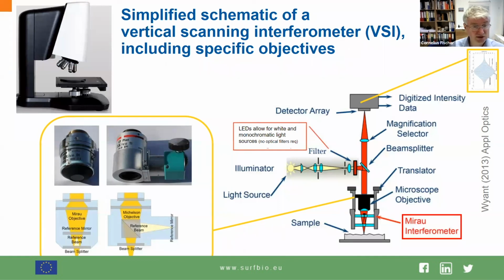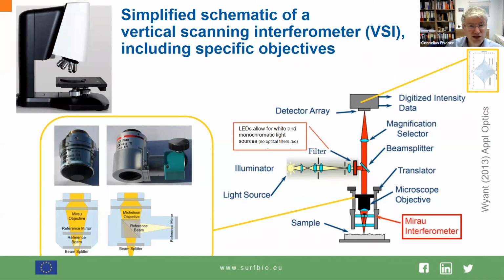So that's the reason for small distance objectives, where we go quite close to the surface to collect a lot of light, to have a high numerical aperture of our objective, that we have to put the reference beam and the reference mirror inside of the objective. So that's the so-called Mirau interferometer principle.